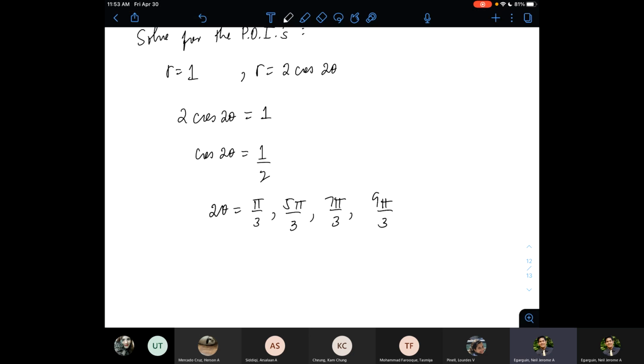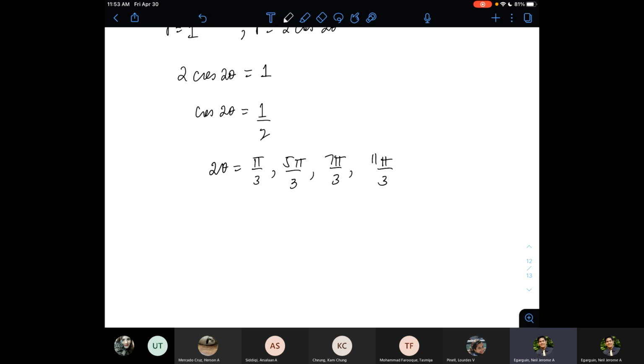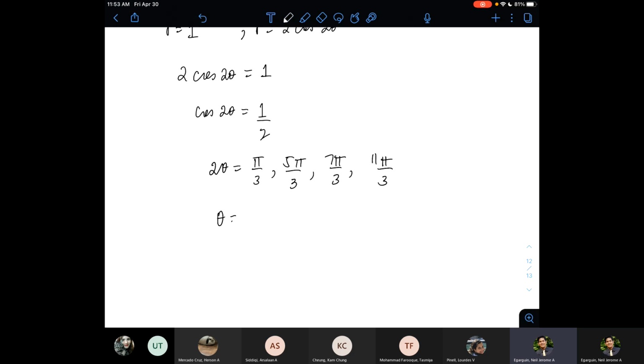Oh, hold on. Did I make the calculations right? No, this should be 11 pi over 3. All right. And then we divide both sides by 2. We get pi over 6, 5 pi over 6, 7 pi over 6, and 11 pi over 6.